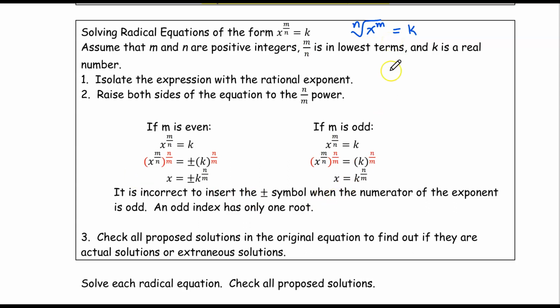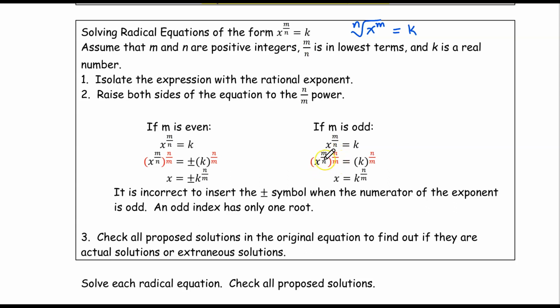And then the next part, to solve for x, we will just have to raise both sides of the equation by the reciprocal of the exponent of x. In other words, if you have x to the m over n equal to k, you raise both sides of this equation by n over m.